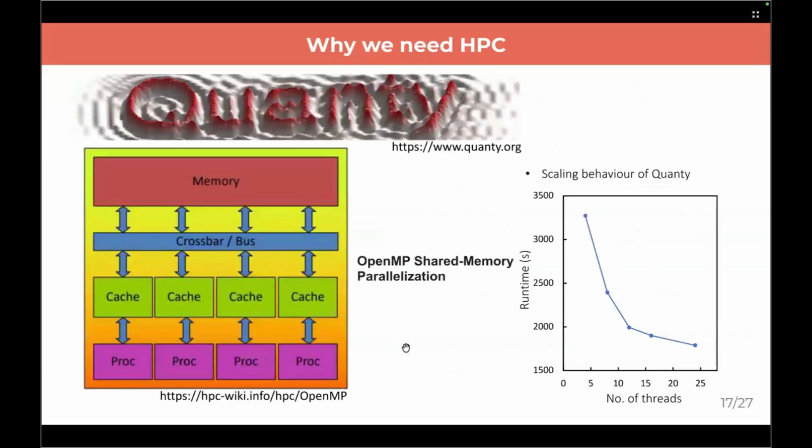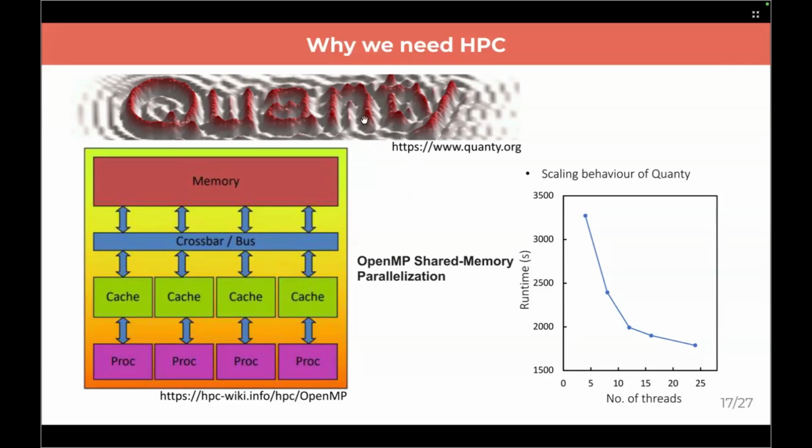So in this case, if you still use, for example, one CPU core to do your calculation, it might take some time to finish. Then you could utilize the HPC as a way to empower yourself with multi or parallel computing.